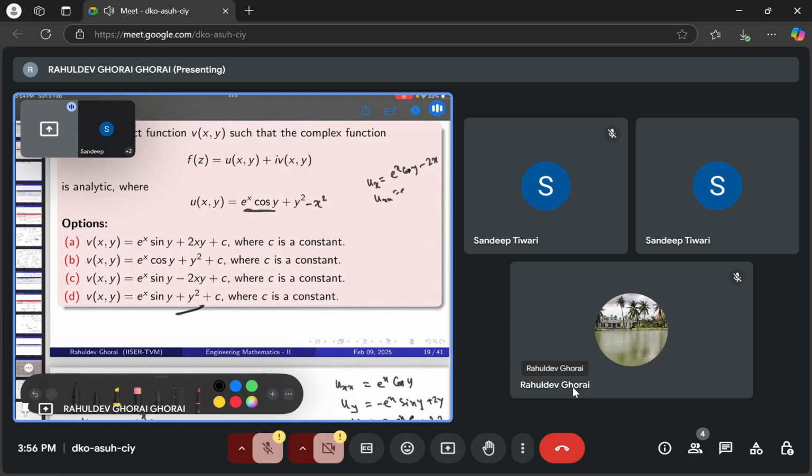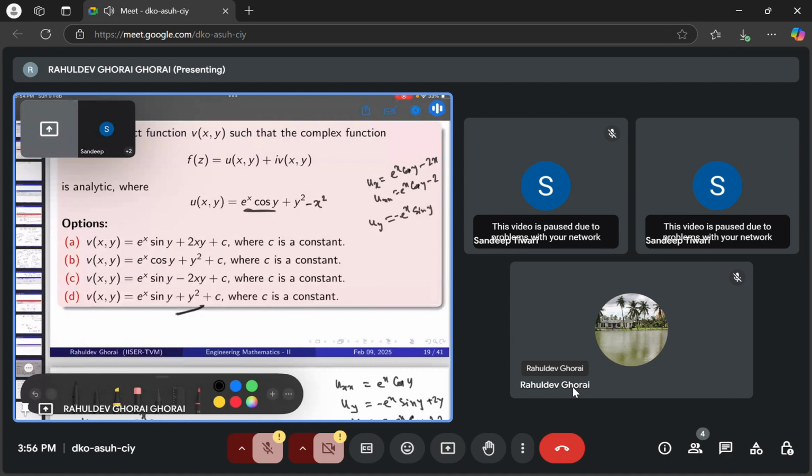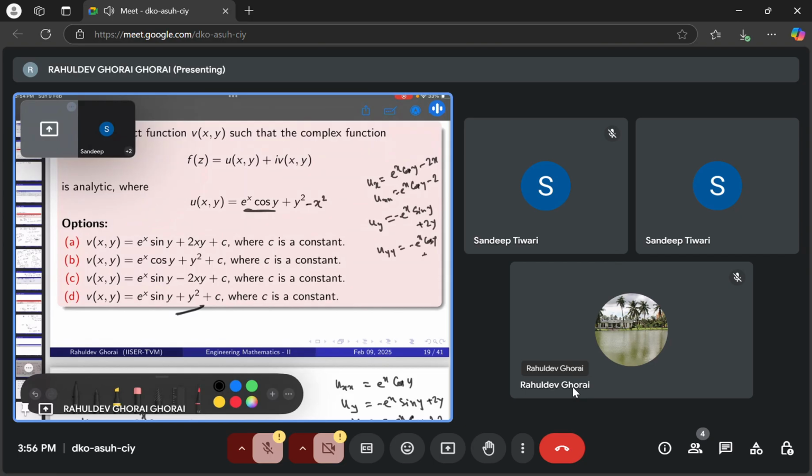Uxx will be e to the power x cos y minus 2. Uy is minus e to the power x sin y plus 2y. So uyy will be minus e to the power x cos y plus 2, right? So uxx plus uyy is 0. So this is a harmonic function.